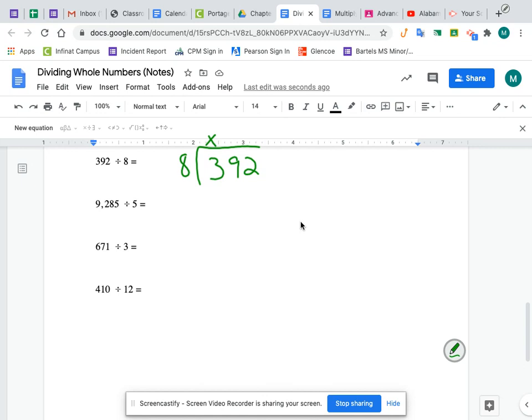So now I'm looking at 8 goes into 39, which is 4 times. So 8 times 4 is 32. I subtract to get 7. Bring down the 2. 8 goes into that 72 9 times. So 9 times 8 is 72. I subtract and I see that it comes out evenly.